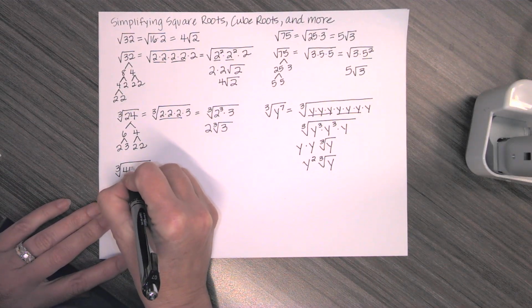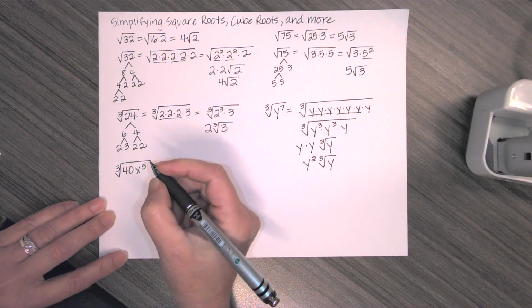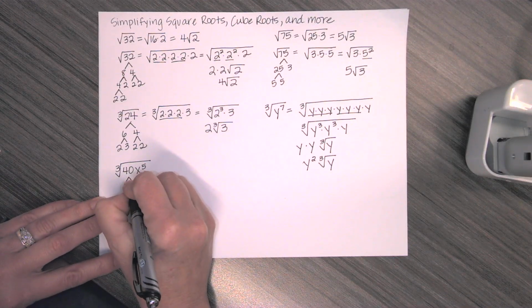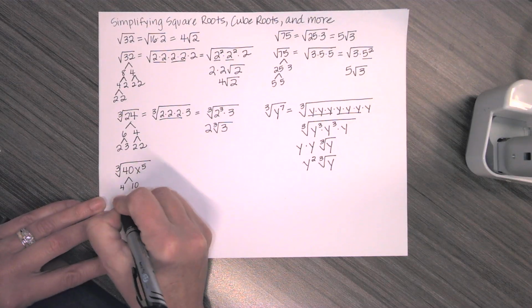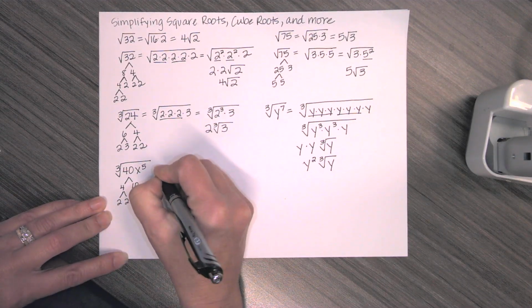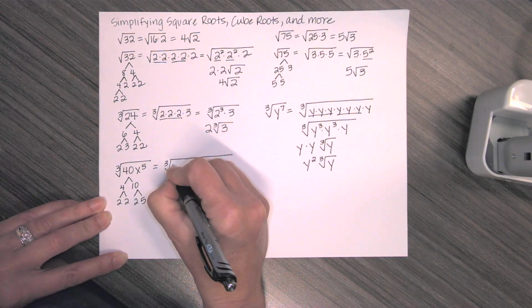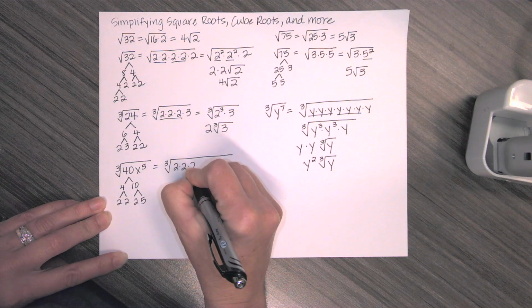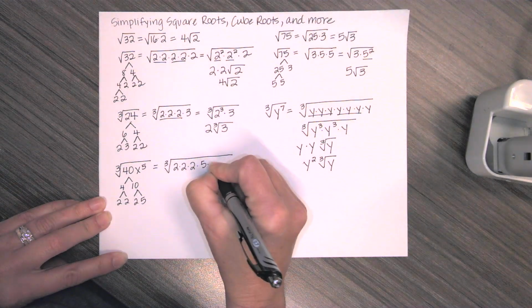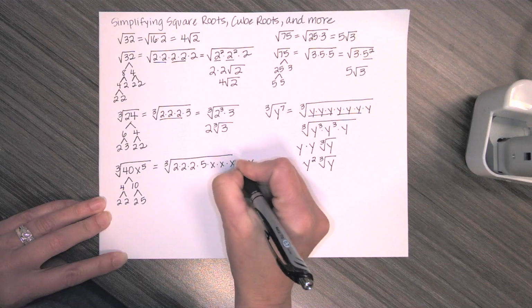The cube root of 40x to the 5th. Now if I break it all the way down, let's get 40 broken down, and then x to the 5th. So let's see, I have 2 times 2 times 2 times 5 times x times x times x times x times x.